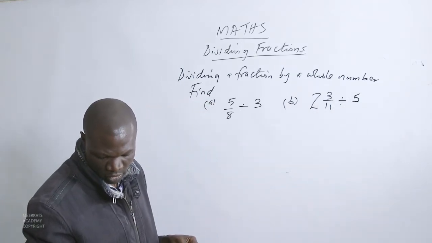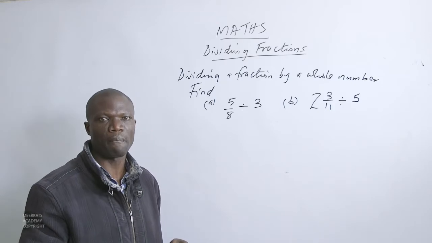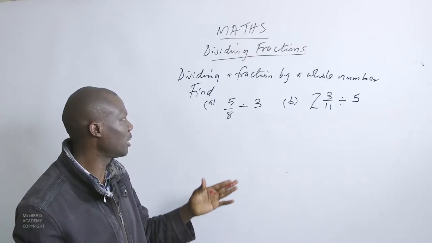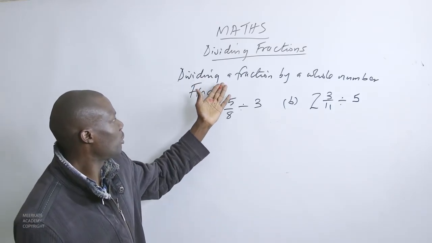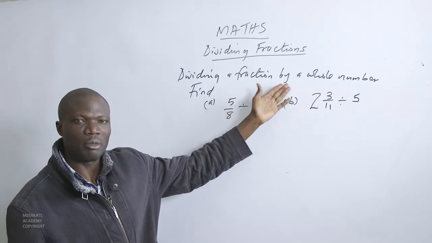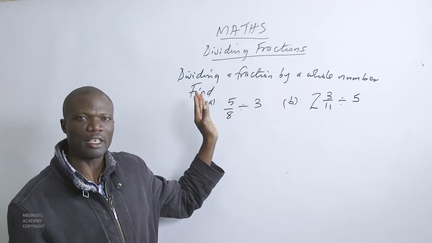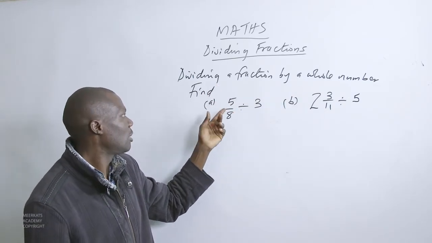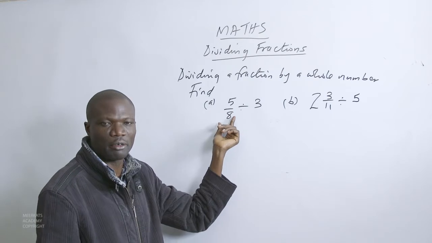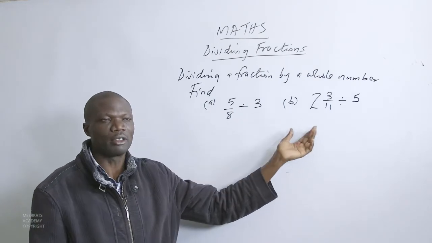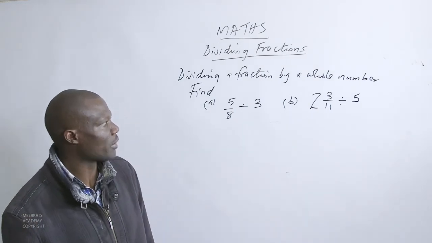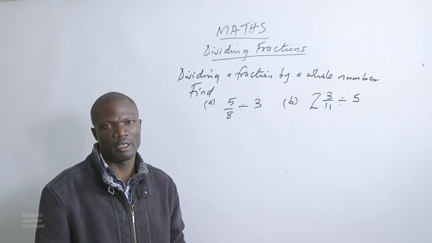So we have two questions here. The questions say we want to be able to divide a fraction by a whole number, and it's asking us to first find 5 over 8 divided by 3, and also find 2 and 3 over 11 divided by 5.